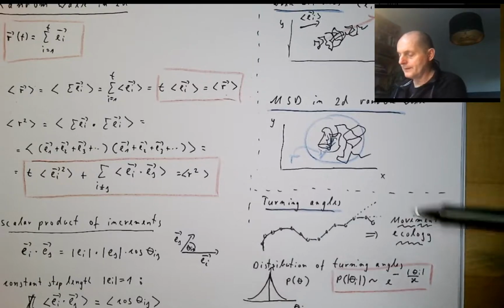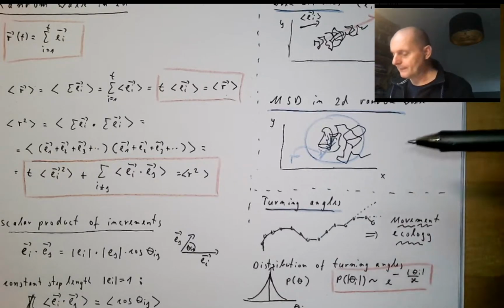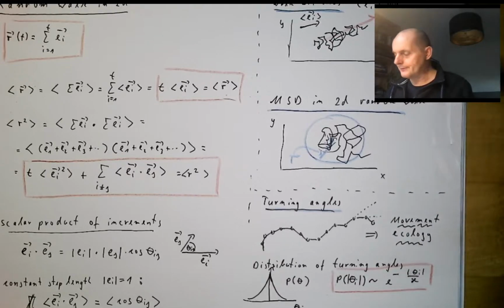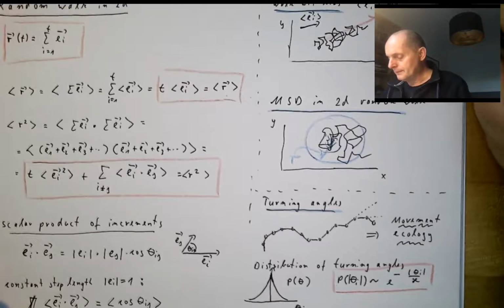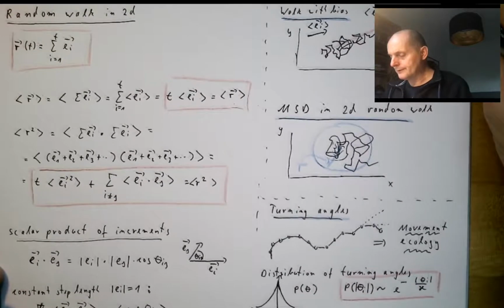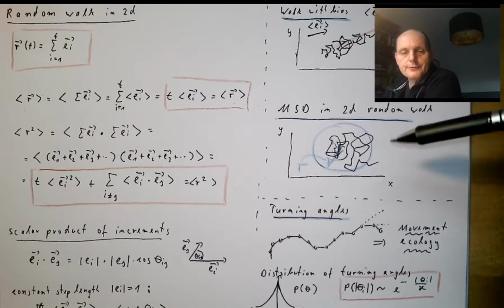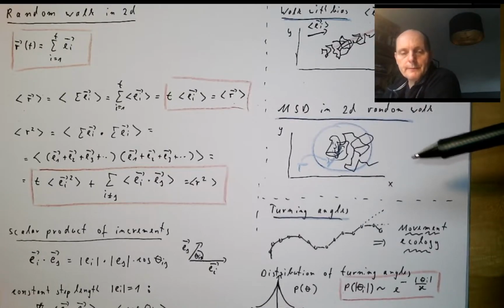And again, we can use random walk theory to study this. But for the purposes of this lecture, I want to go in another direction, which is related again to this diffusive and super diffusive behavior.